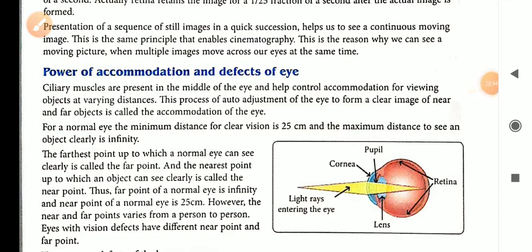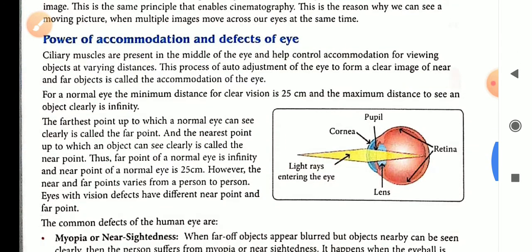It becomes possible due to ciliary muscles, which are present in the middle of the eye and help control accommodation for viewing objects at varying distances by controlling the eye lens.